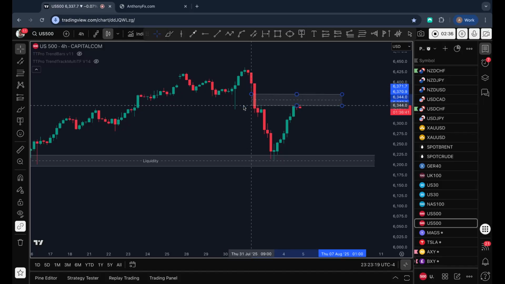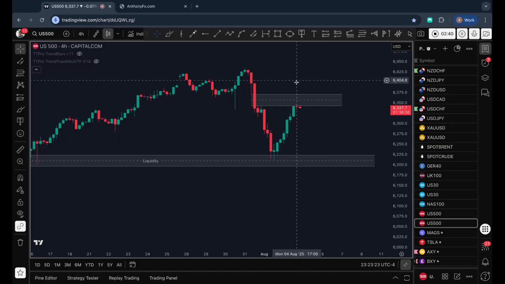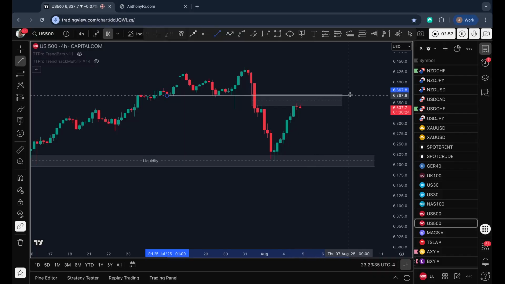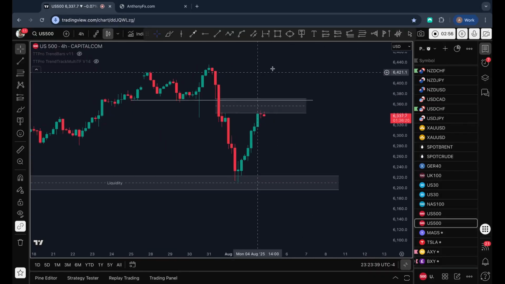This is a bearish imbalance. So there's liquidity and an imbalance. It trades back into it, rebalances, runs into resistance.